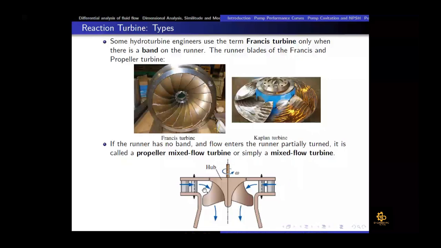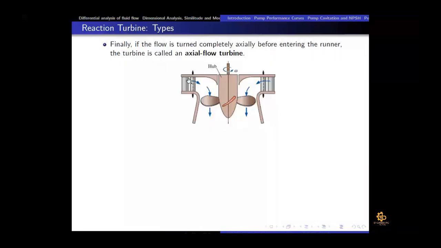And if these runner blades are at a downward location, which is shown here, now you can see that the turning of the fluid has occurred completely, and it enters the runner blade in the axial direction and exits the blade also in the axial direction. So we call it an axial flow Kaplan turbine, or propeller turbine.